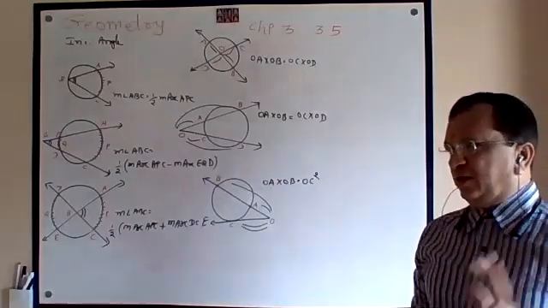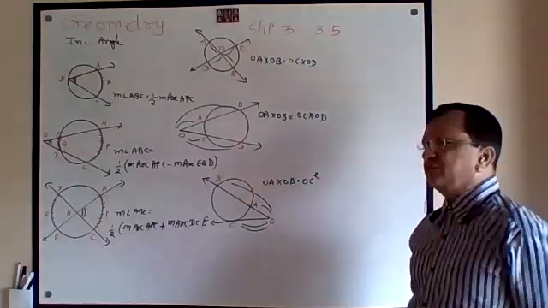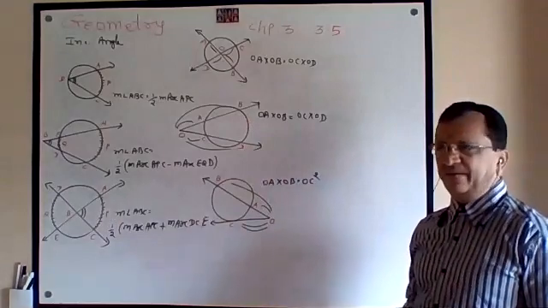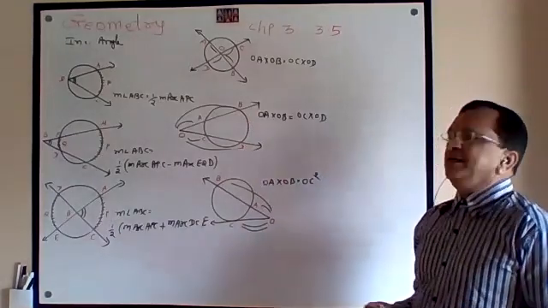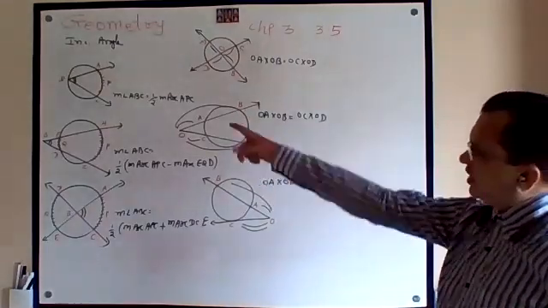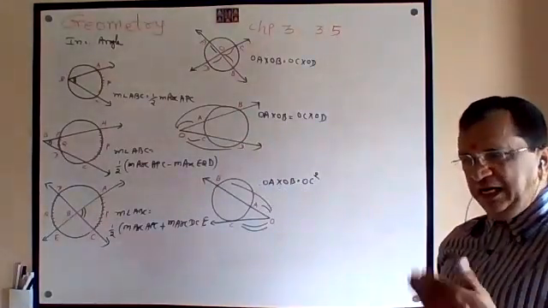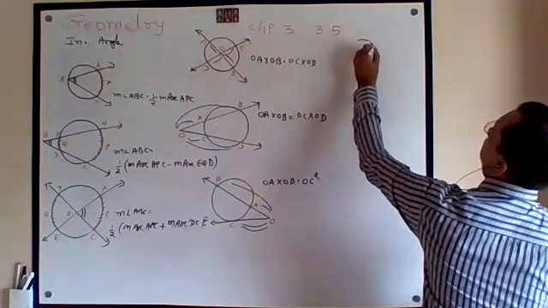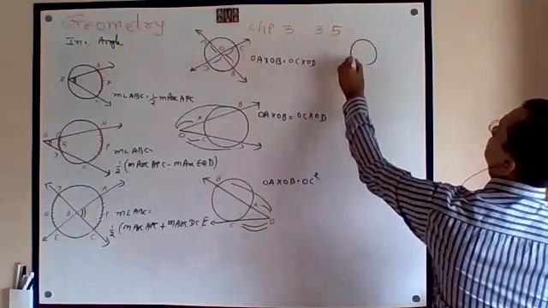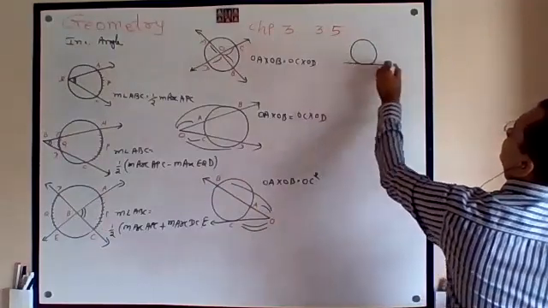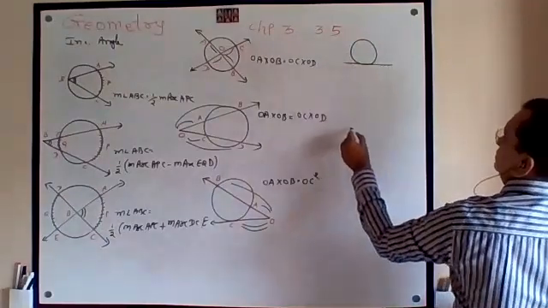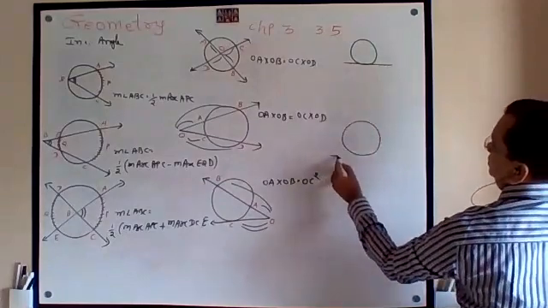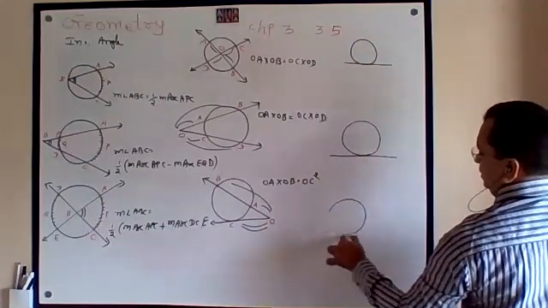Now three more formulas, exactly on inscribed angle. Inscribed angle inside, there are also three different shapes. First with a secant, with a tangent and one secant.